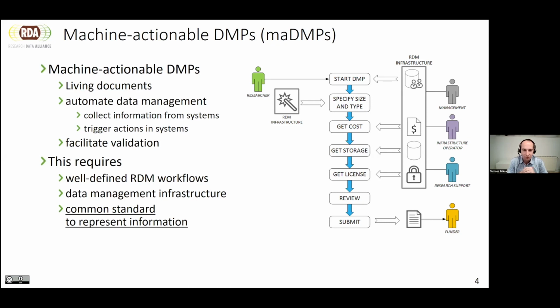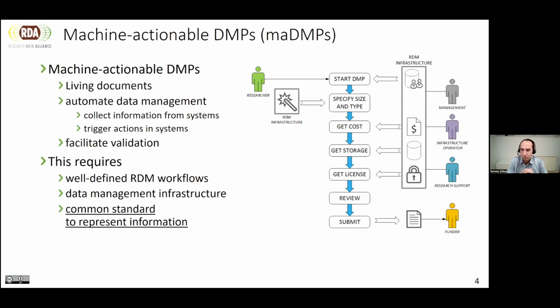And what is the information that they can actually reuse? And we understood that if we create a common way to represent this information, then we can have machines that can act on behalf of the stakeholders, and thus we can automate a lot of the RDM tasks.